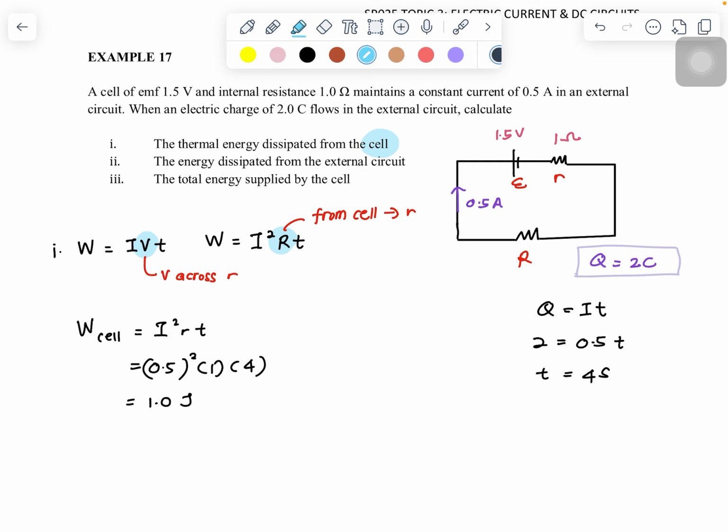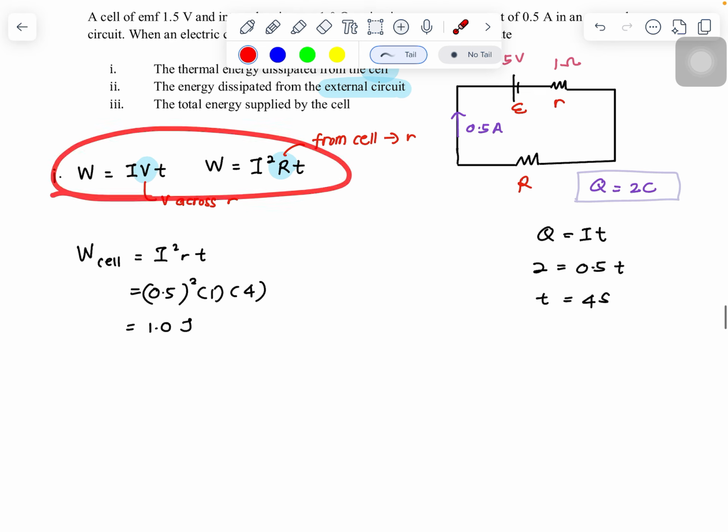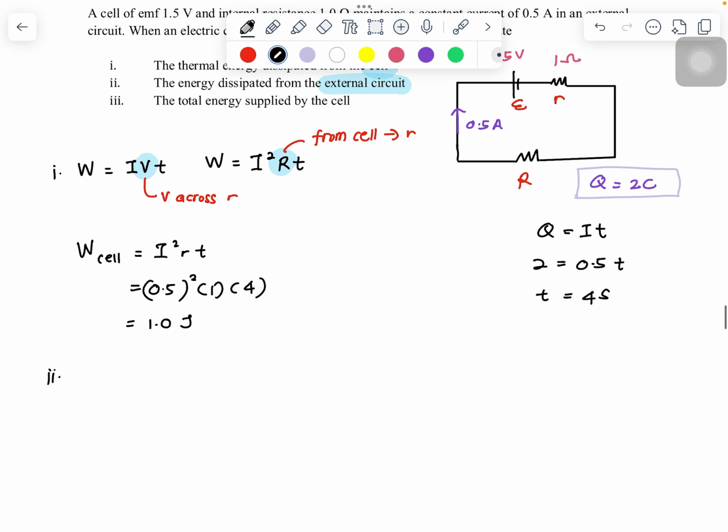Okay, this time yang dekat luar lah, external circuit. So apa-apa yang berada dekat luar ni. Okay. So we can also use the same formula, but make sure now that we want it to be from the external, okay, value ni, the one that I highlight just now, this value and this value, kalau yang ini maksudnya from external lah.